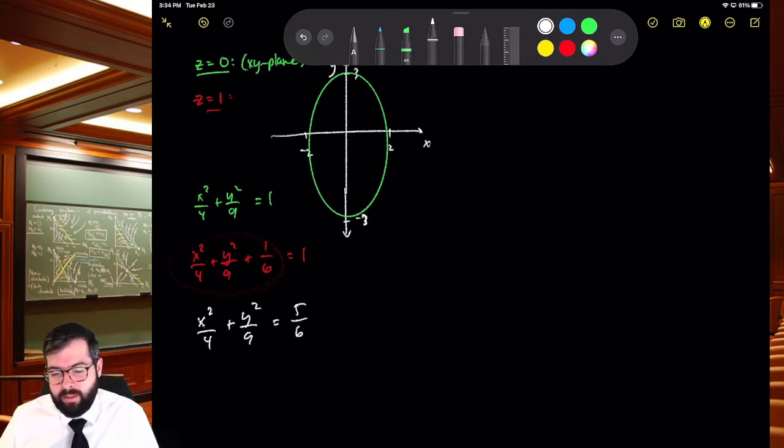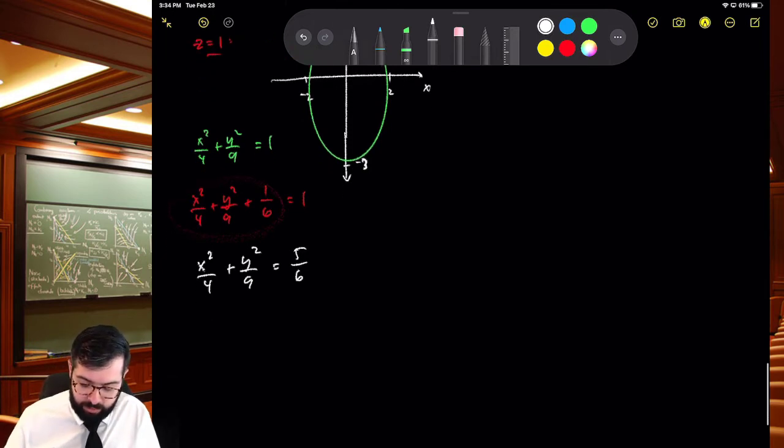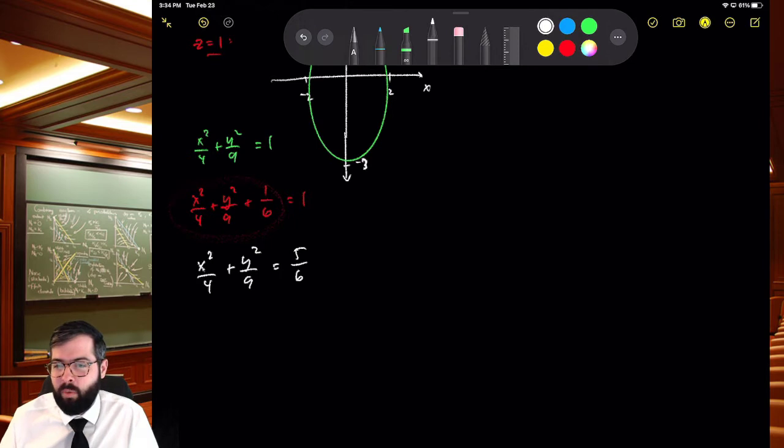Now this is why it's a little bit tougher, and you'd probably use a graphing utility or choose a nicer value, because it's a little algebraically intensive. So drive the right-hand side to 1 so that you get a standard ellipse equation. What do I do? I multiply both sides by 6/5, right?